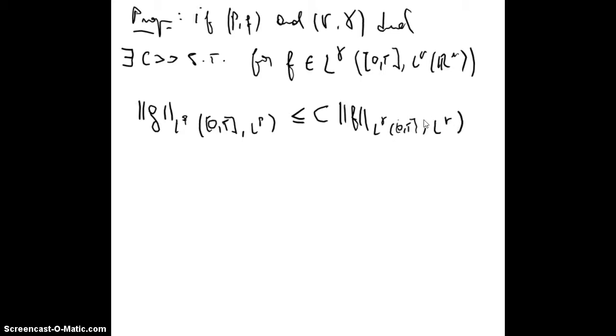Okay, so you can see q and γ and p and r are all the respective duals. G is the integral from 0 to t of W(t-s) f(s) ds.